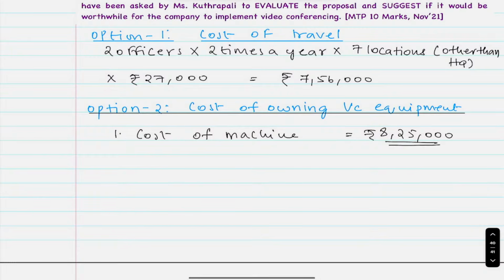Cost of machine 8,25,000. Number 2. Depreciation per annum. 8,25,000 divided by how many years life? 5.